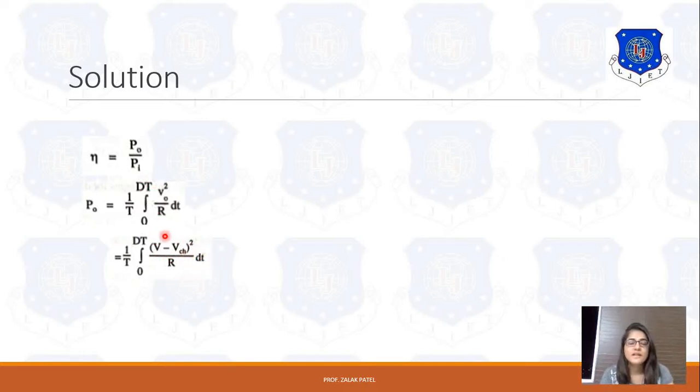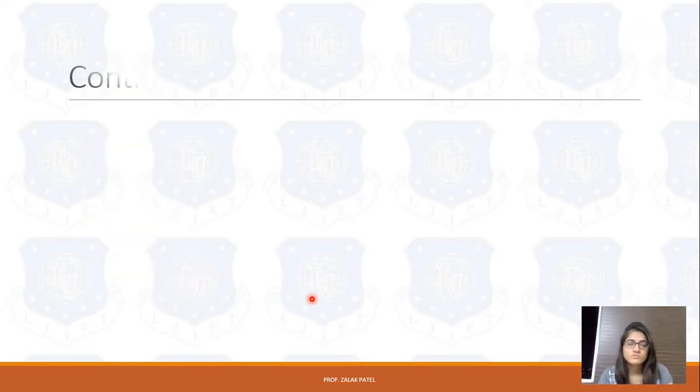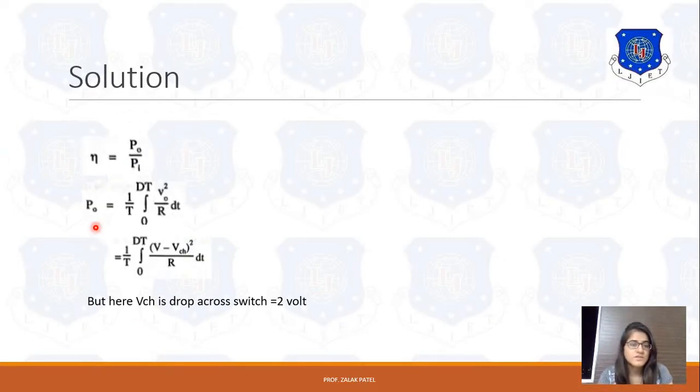V chopper, the voltage across the chopper, is equal to 2 volt, so it can be 200 minus 2 square upon 10. If we integrate this term, V minus V chopper square upon R is out of the integration, so the remaining term, the integration of 1 is t, and the limit is from 0 to dT.